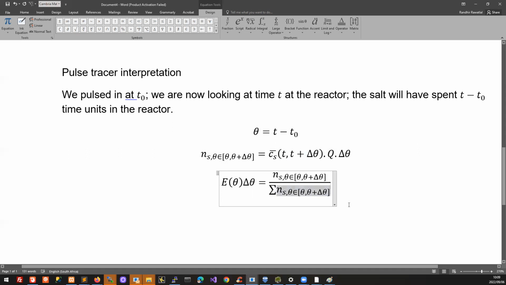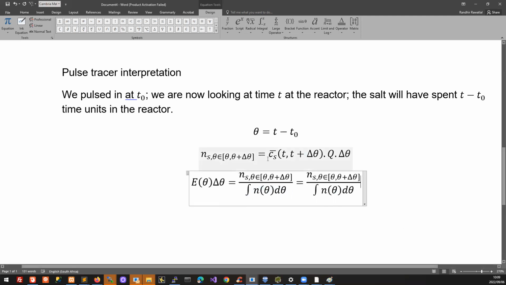We should call this the integral of the number of moles in theta, d theta. Right, so that's what we are looking for. And then if we write this in terms of measurable things, this is what we have here.